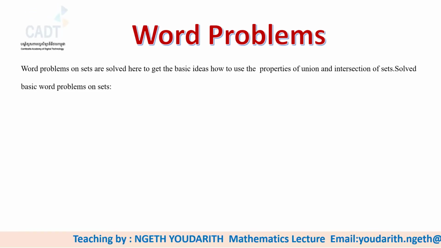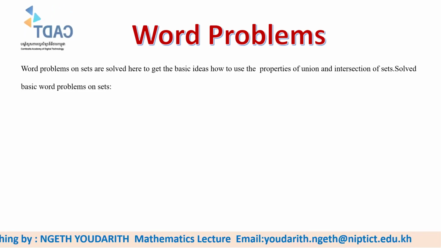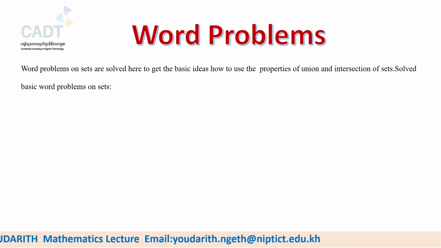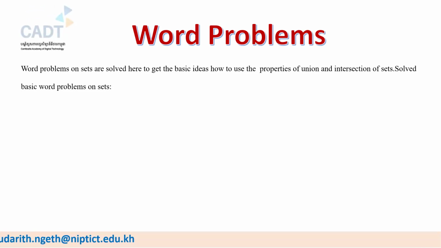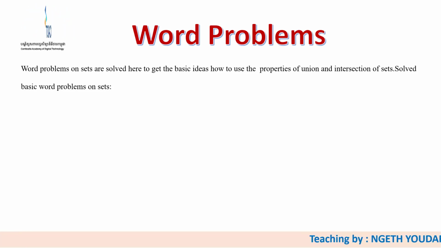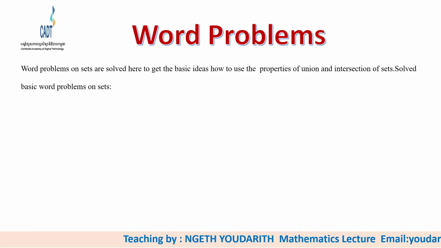This time when we solve word problems, we do not solve them with a Venn diagram. Instead, you just write out properties of sets, like De Morgan's rule or the distribution law.